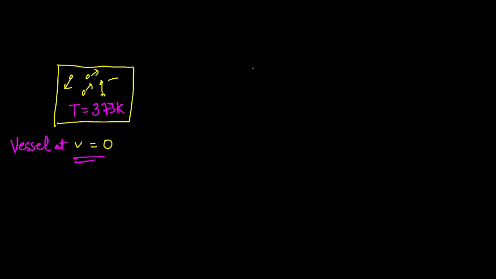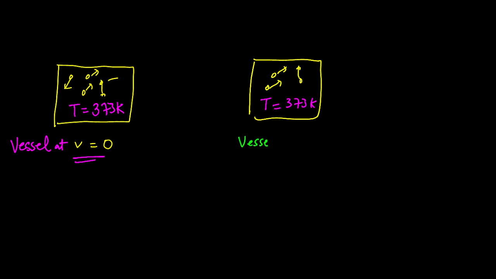Now consider another similar vessel with the same amount of gas filled in it, and temperature again equal to 373 Kelvin. But this time, the molecules are again definitely moving on the inside, but this vessel is not stationary. Let's say the vessel is moving at a speed of, for example, 10 meters per second towards the right side.